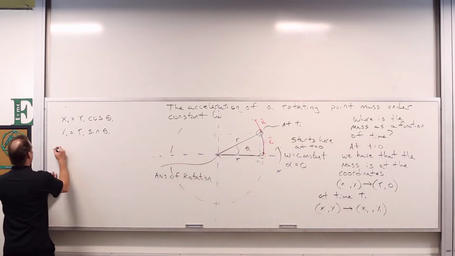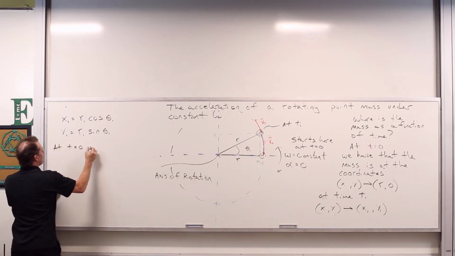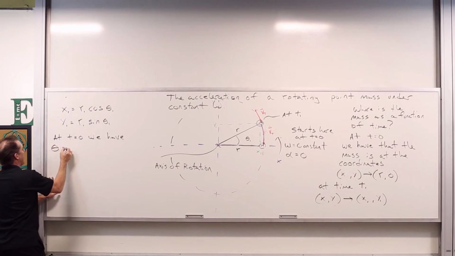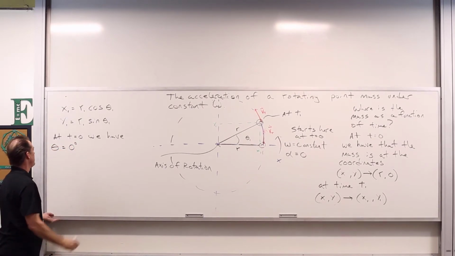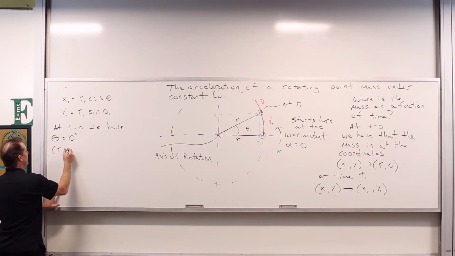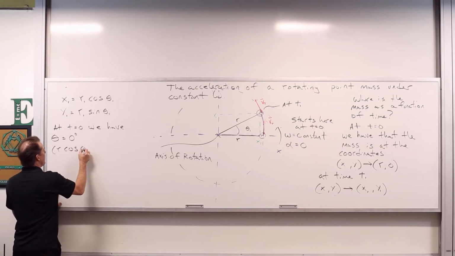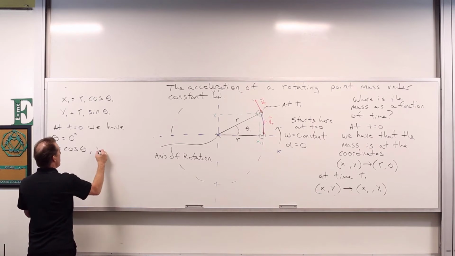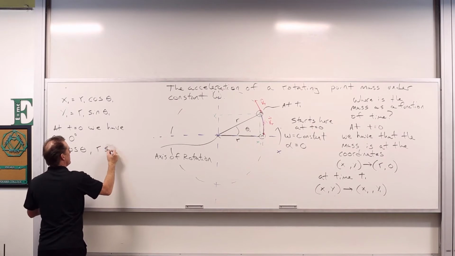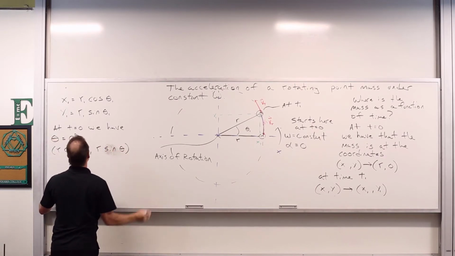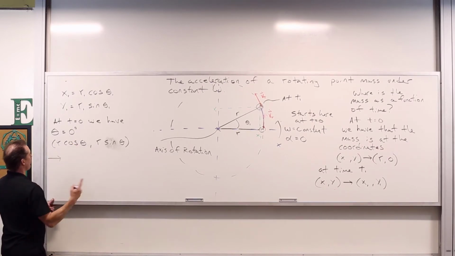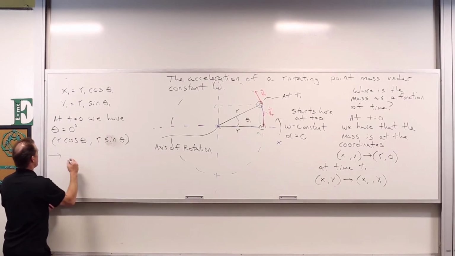At t equals 0, we have that theta is equal to 0 degrees, and r times the cosine of theta, comma, r times the sine of theta goes to r times the cosine of 0, which is r, and r times the sine of 0, which is 0.